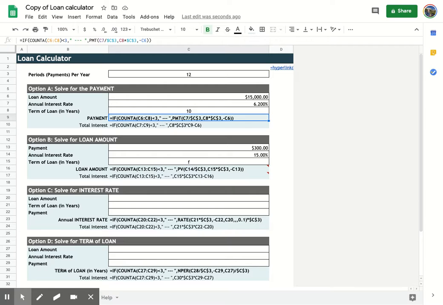It's just a way of entering something in the cell to indicate that no calculation's been done. Here we're solving for payment because that's what we're trying to figure out. That's a payment function, PMT. And you're looking at C7. C7 is the annual interest rate divided by $C$3.